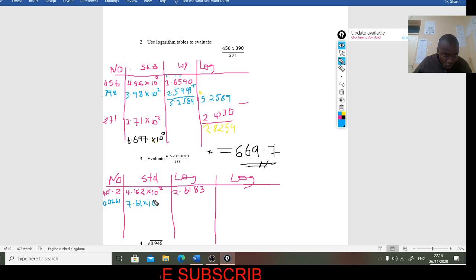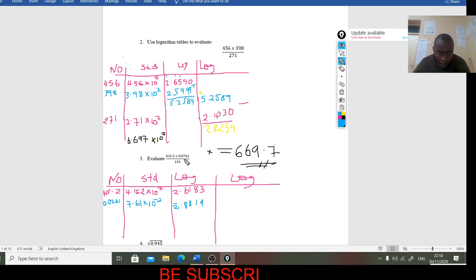I've moved 2 steps to the right, so the power is negative 2. So it will start with power 2 point. Now I read the logarithm of 7.6 at column 1, and you will find it to be 0.8814.